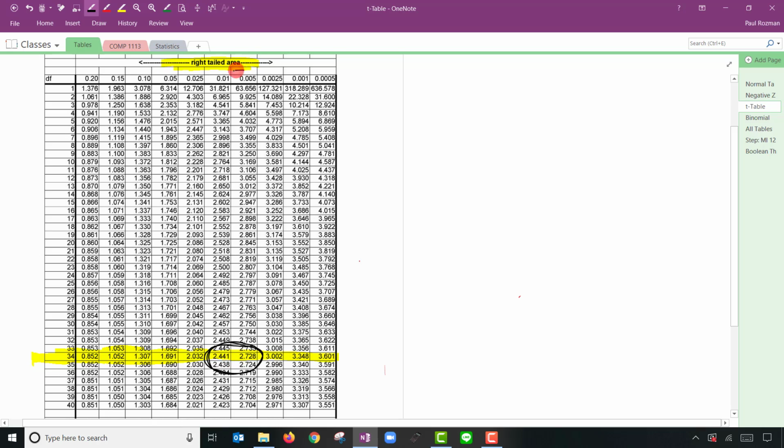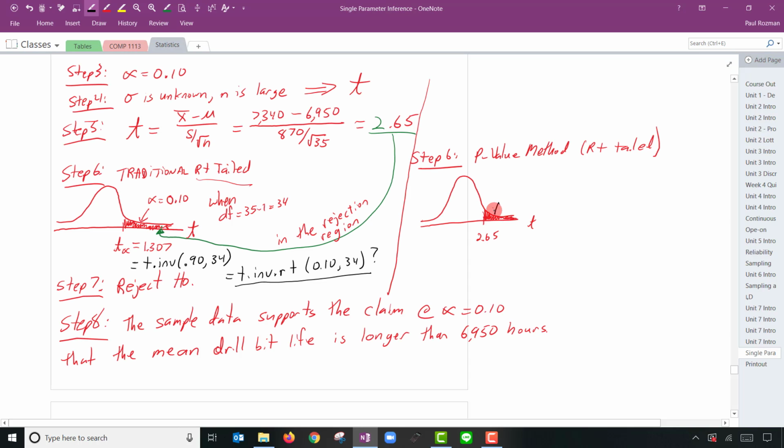So that area is somewhere between 0.5% and 1%. So even though I can't get it exactly, I know it's in the ballpark. From the table, the best I can say is this area is somewhere between 0.005 and 0.01.